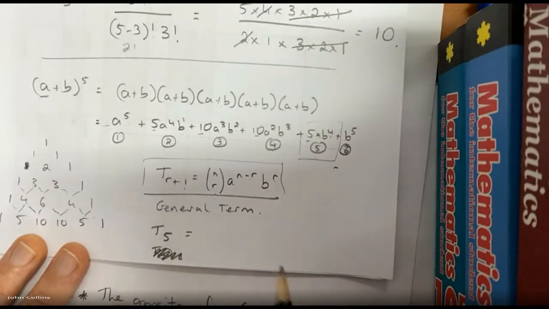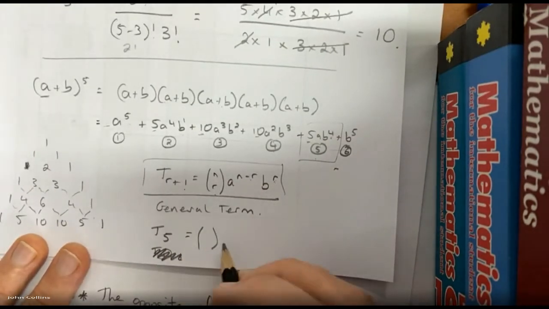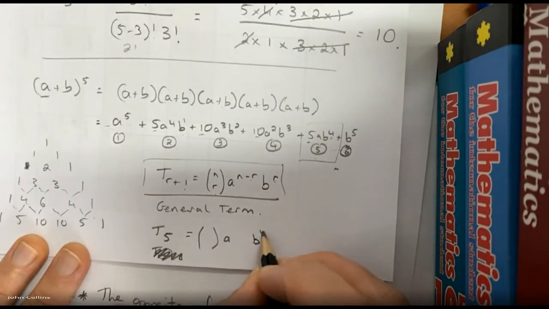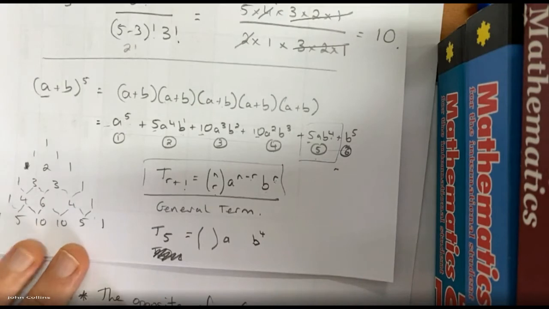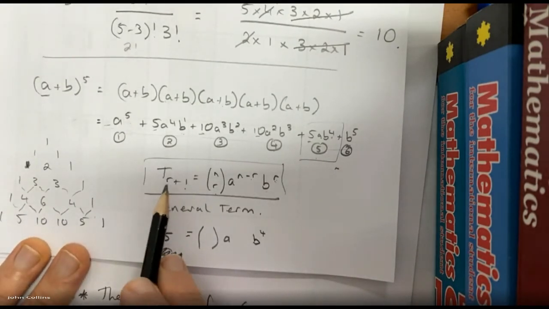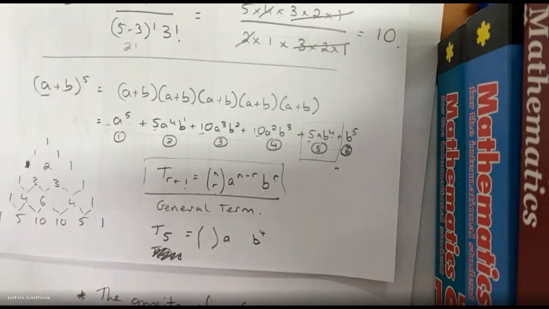So if I want to find T5, term 5, that's this one here. Let's just leave this weird looking bracket at the front blank for a second. A and B, I know that B is going to be 4, 1 less, because it's the r plus 1. 4 plus 1 gives 5, so B is 1. Okay.